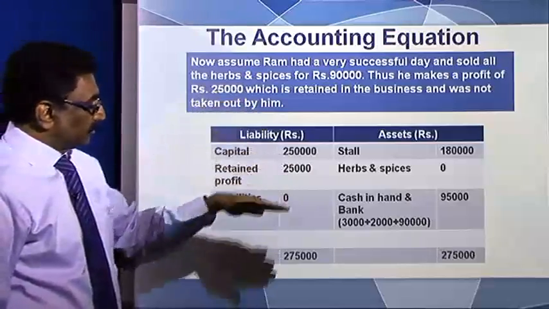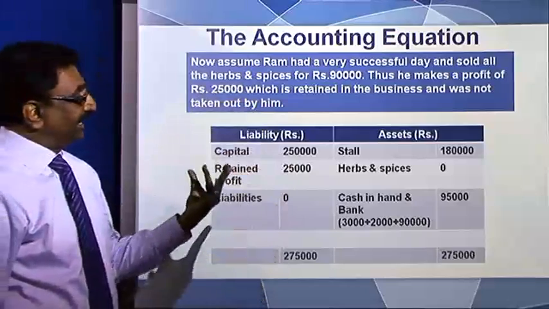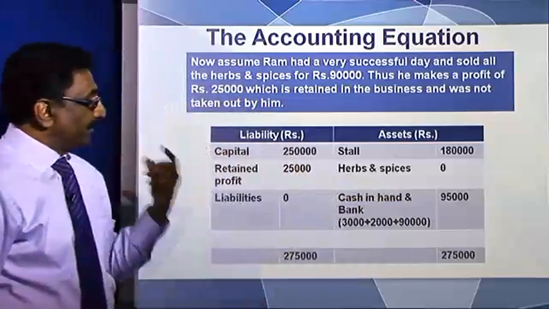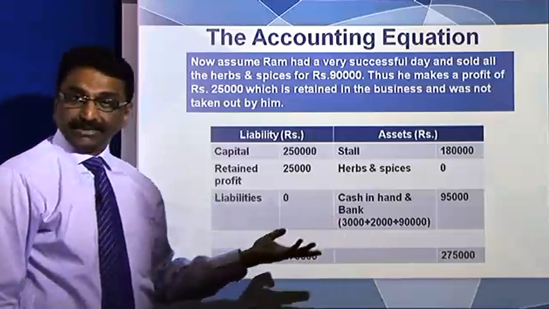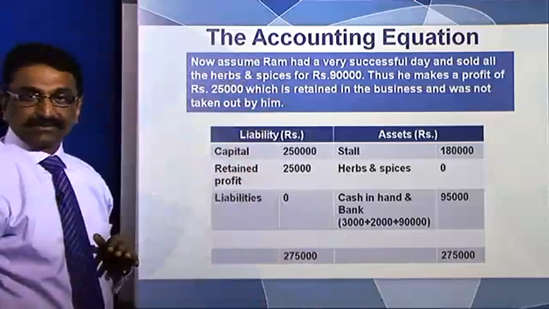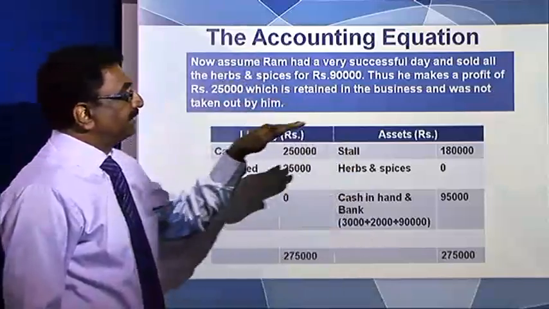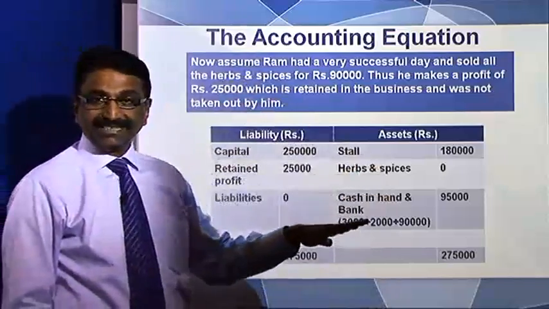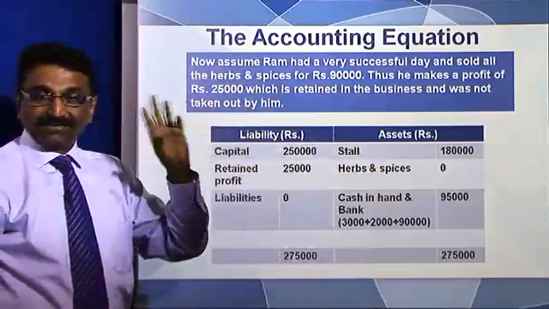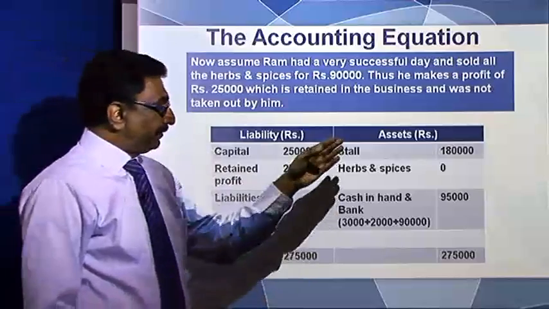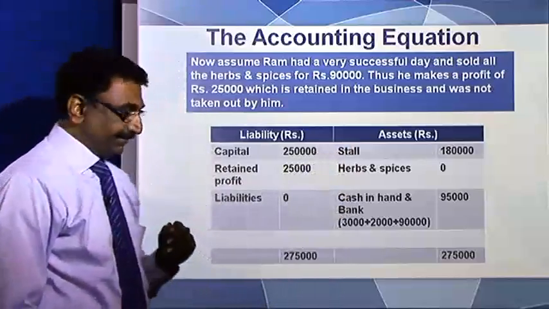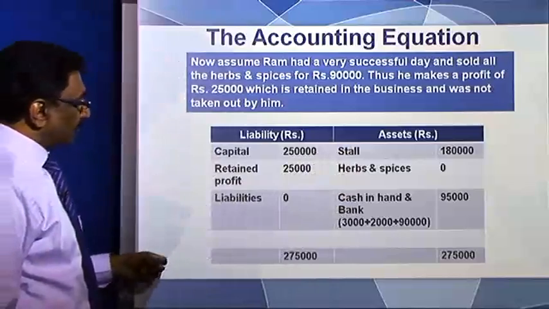So you add up the two, and you get that now the assets and the liabilities have become 2,75,000 each after this transaction. So again we see that this accounting equation is maintained. There is a dual effect, or a two-way effect, of the transactions as they happen. Let's add on a little more on this.